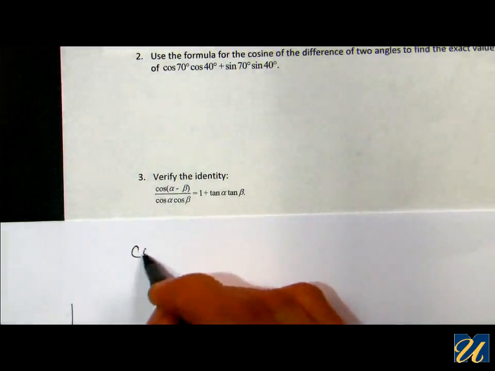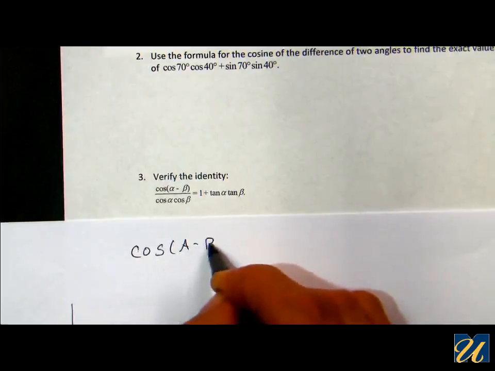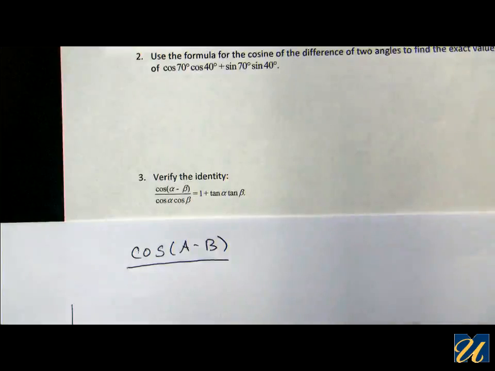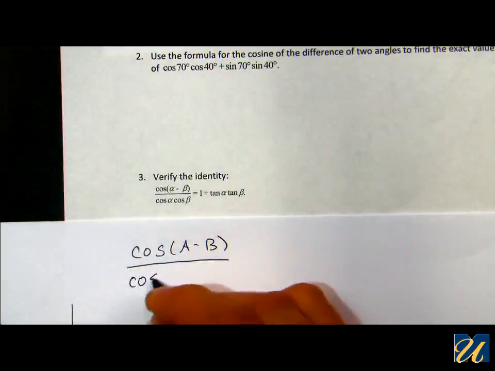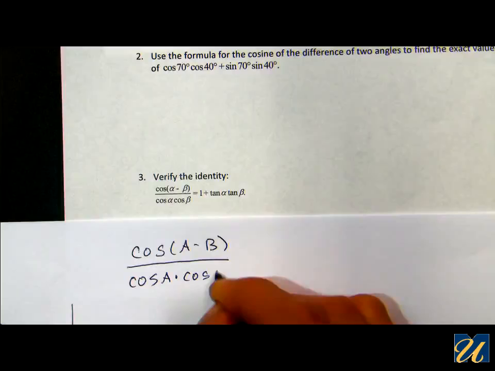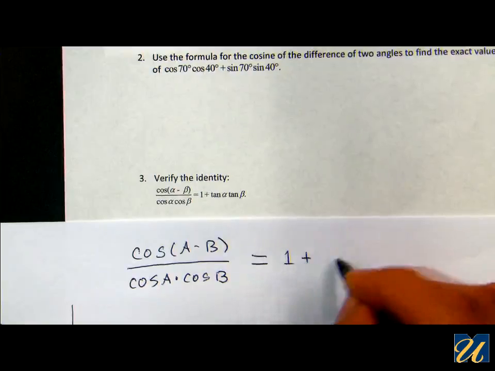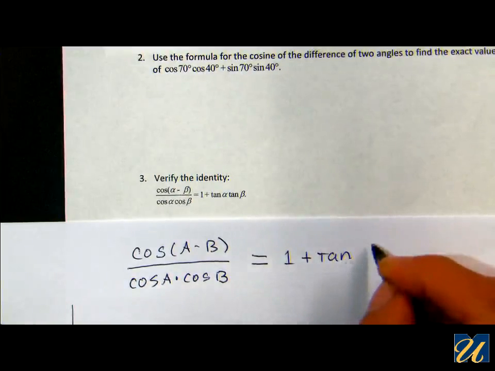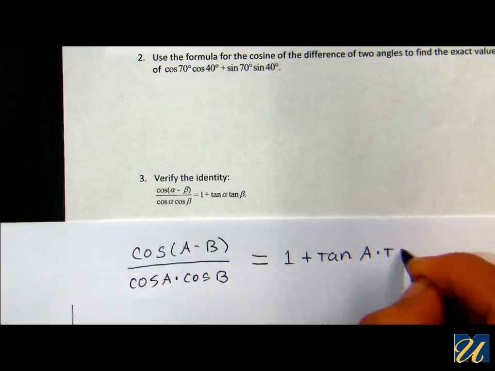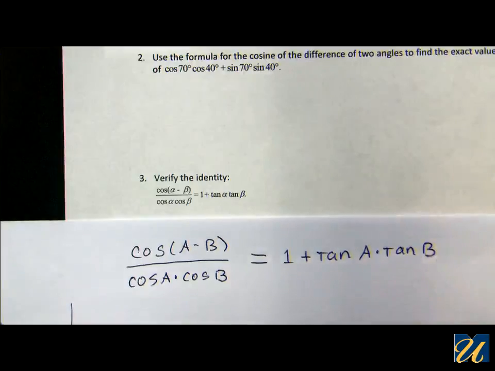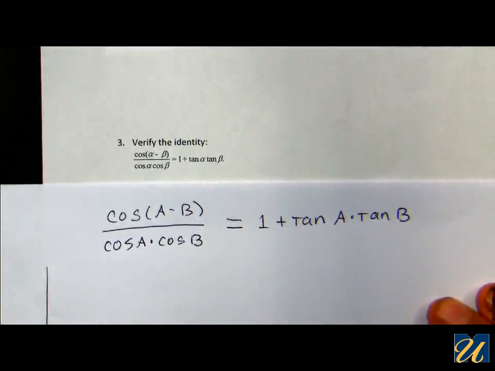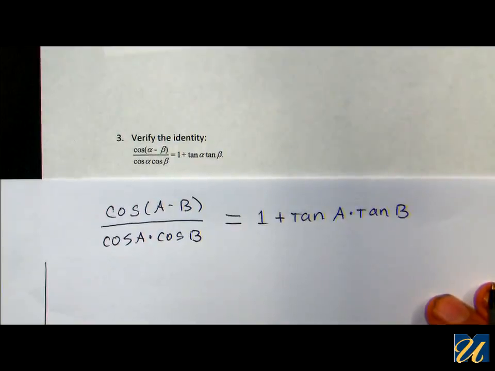And that identity, cosine A minus B, so this one's becoming familiar, divided by cosine A times cosine B, prove that that is equal to 1 plus the tangent of A multiplied by the tangent of B. Okay, so this is an identity. We have to prove the identity. So let's do that.